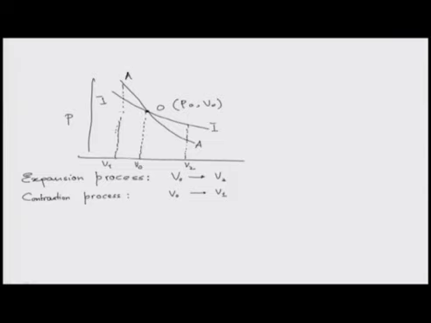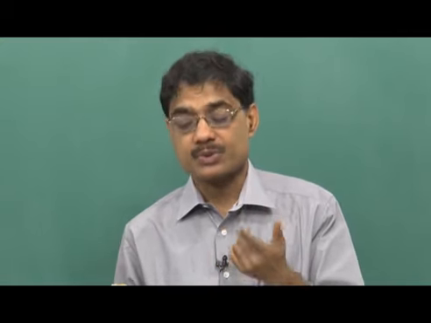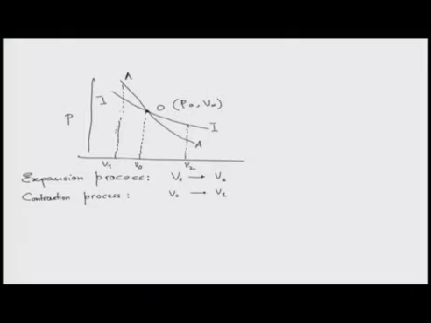Now, ask the question, if I consider an expansion process, work done is more in which process, adiabatic or isothermal, if I start from same V naught. Let me address this question. I have defined an expansion process, I have defined a contraction process, and work done will be more in which process? In both the cases, in adiabatic or in isothermal. The picture itself has the answer.